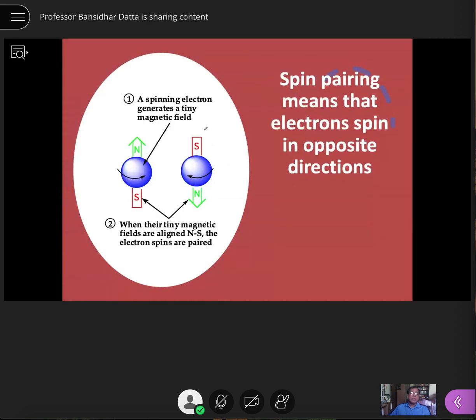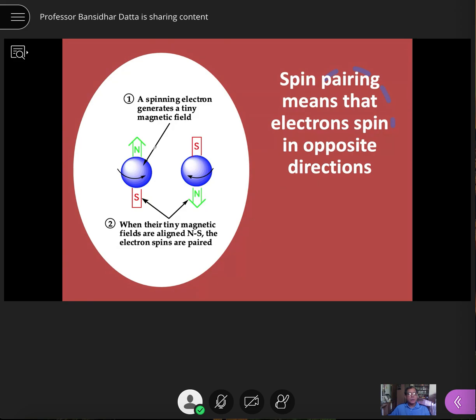Spin pairing is when an electron is moving in the anti-clockwise direction, counterclockwise, creating a north pole and south pole, a tiny magnet, because of spinning. So the electric field is converted to a magnetic field. Likewise, if you have another electron spinning in a clockwise direction, this creates a south pole and north pole.